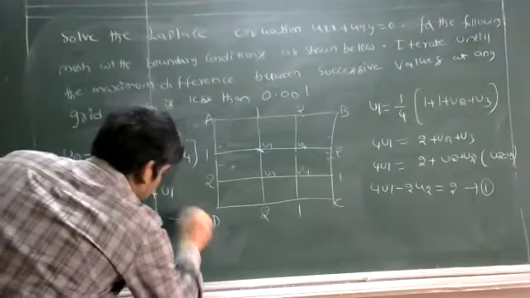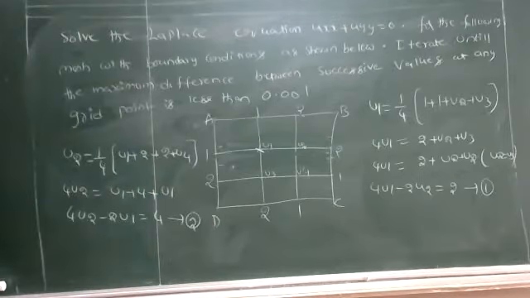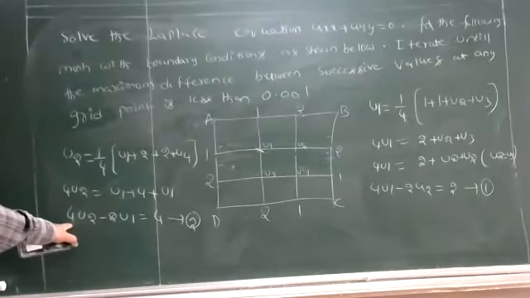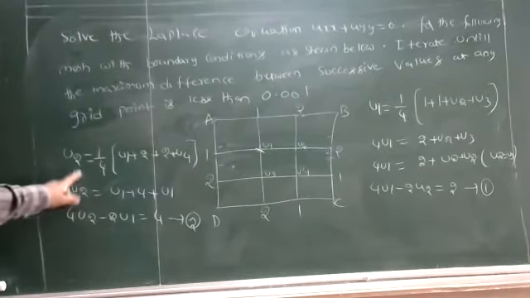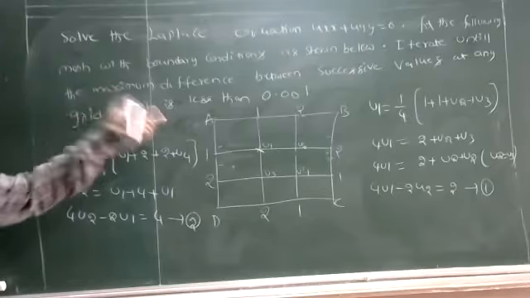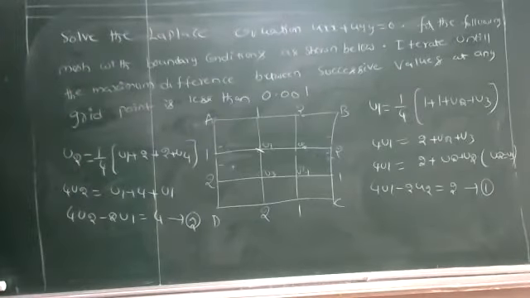This is equation number 2. On solving these two, you will get the values of u1 and u2. Once you get the values of u1 and u2, automatically you know the values of u3 and u4. So these are the rough values.